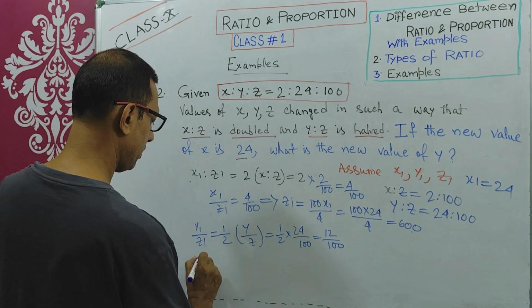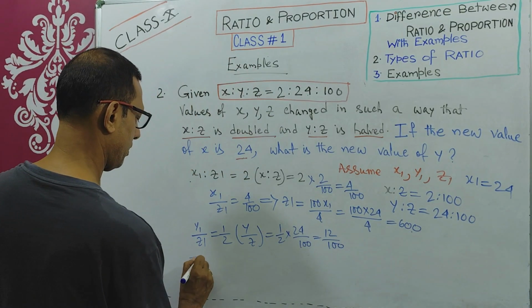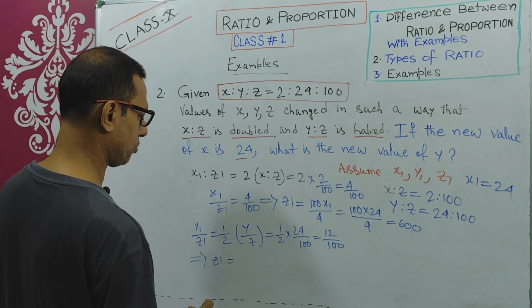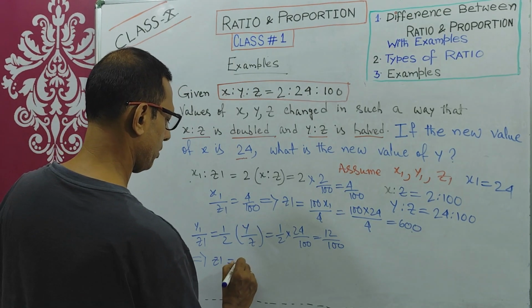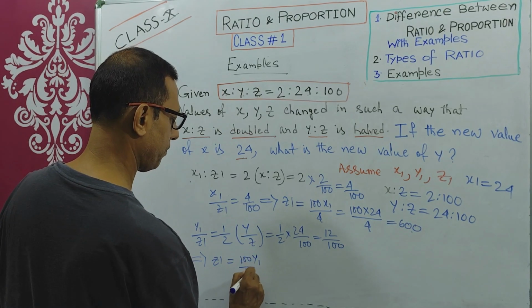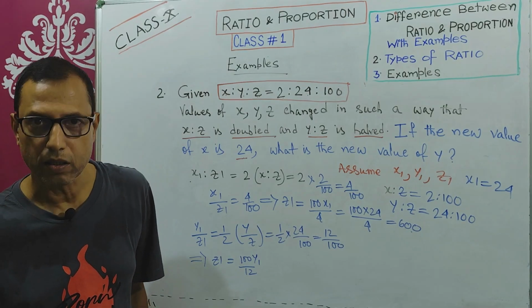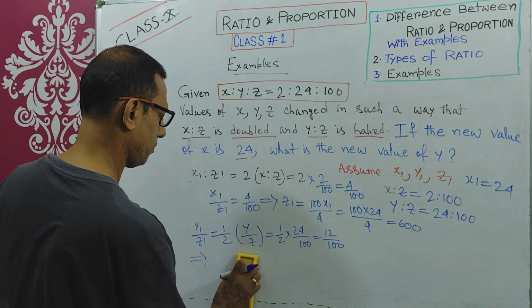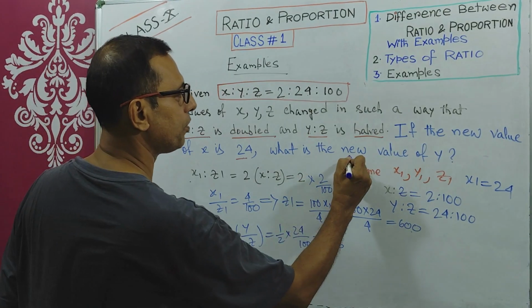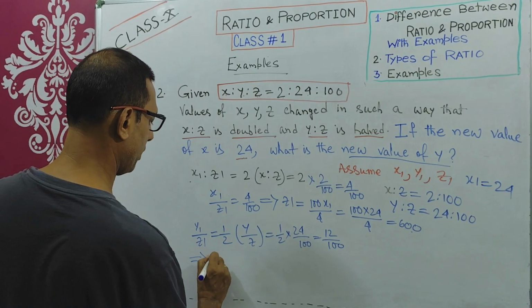Right? Then from here we can say z1 equals to 100 into y1 by 12. Sorry, you need to find out y1. New value of y. That means y1.